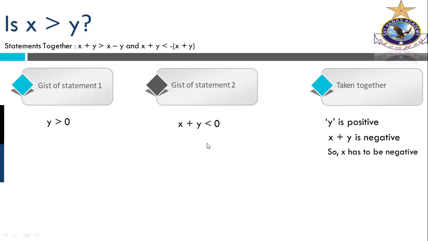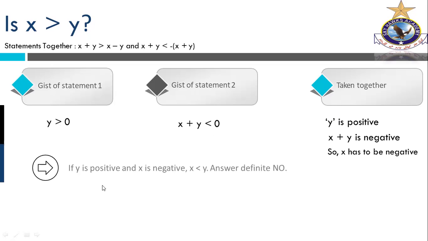So y is positive, and the sum x plus y is negative. From these two statements, y must be positive. Then their sum is negative, so x has to be negative.